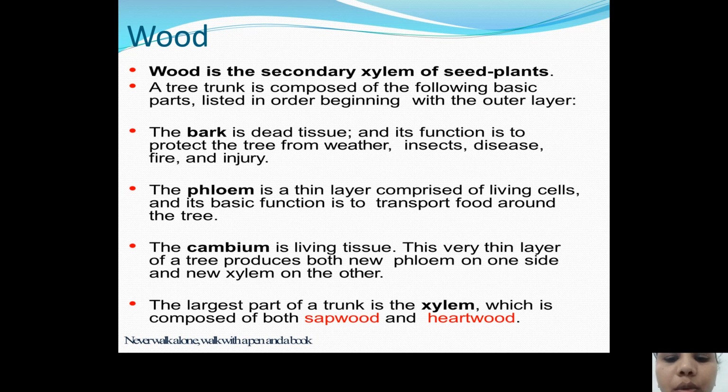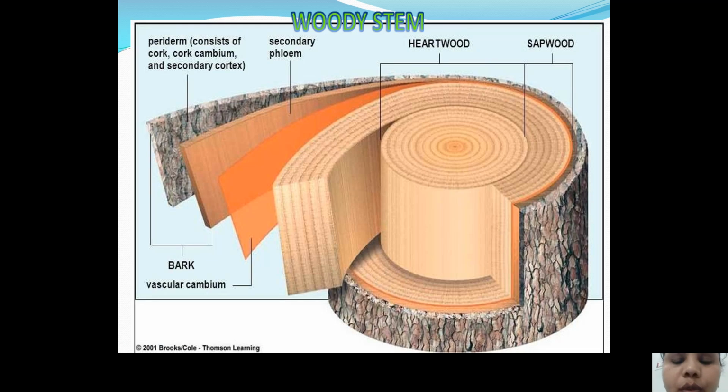Now, the wood is of two types in the plants. It is the heartwood and the sapwood. The one which is present towards the center is called heartwood, and the one which is light in color and which is present towards the periphery of the heartwood is called sapwood.